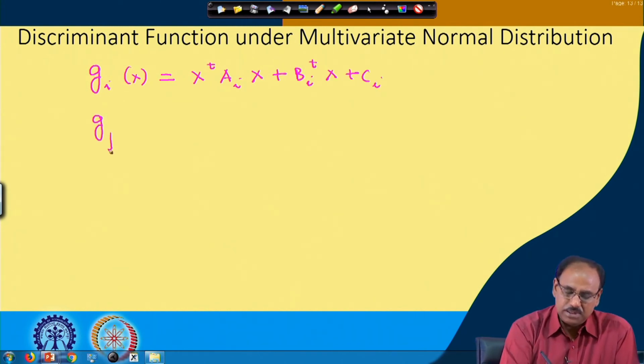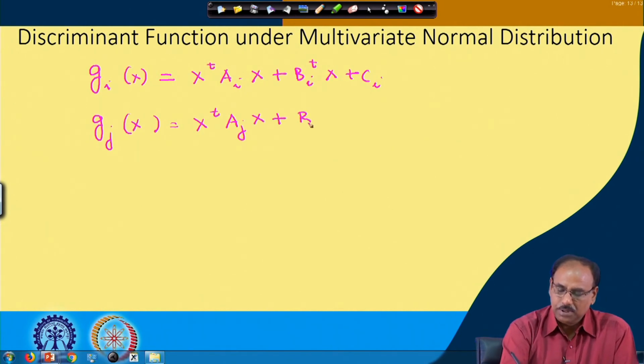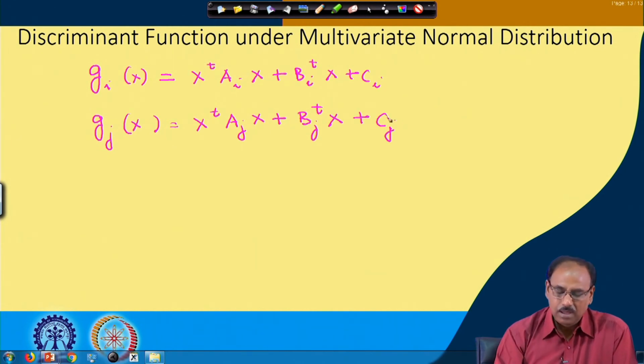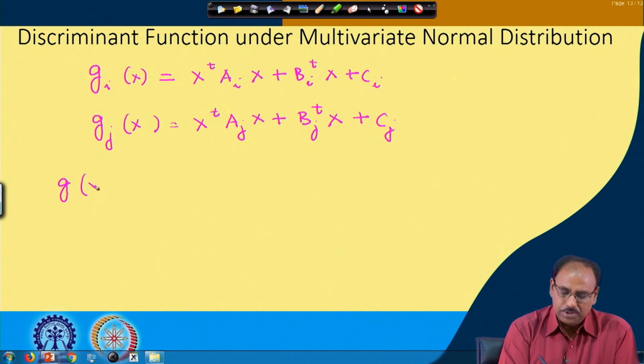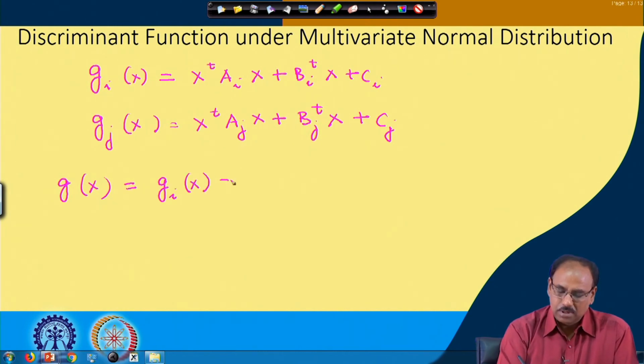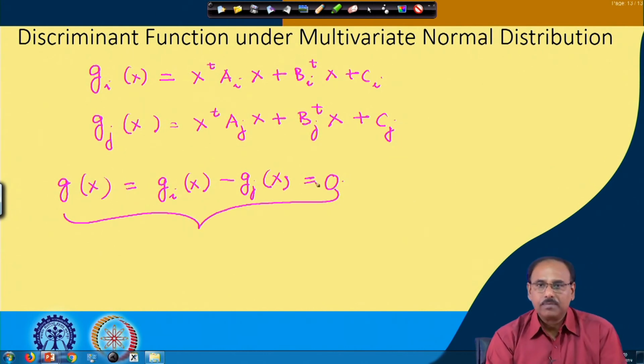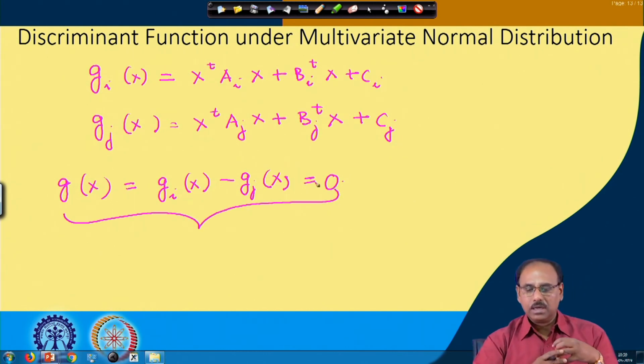Similarly, I have to compute g_j(x), which will be x transpose A_j x plus b_j transpose x plus c_j, and to compute g(x), the decision boundary between the two classes, I have to compute g_i(x) minus g_j(x) and equate this to 0. Whatever expression I get will be the decision boundary between the classes omega_i and omega_j.